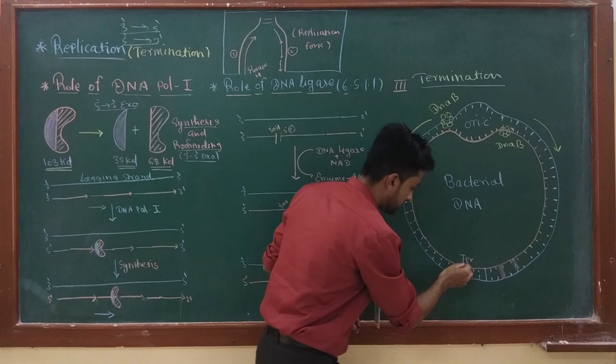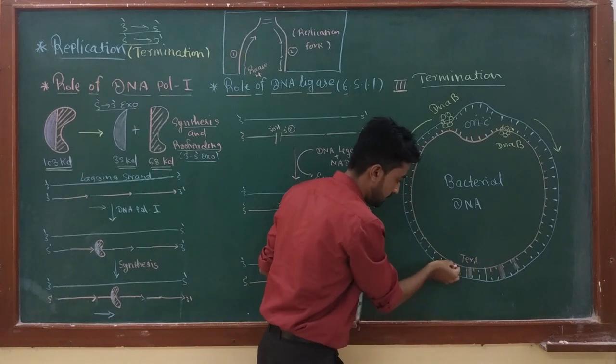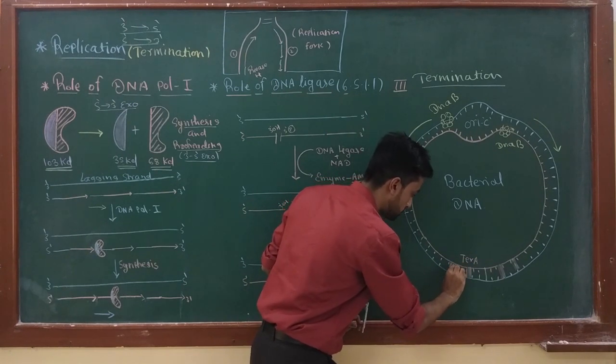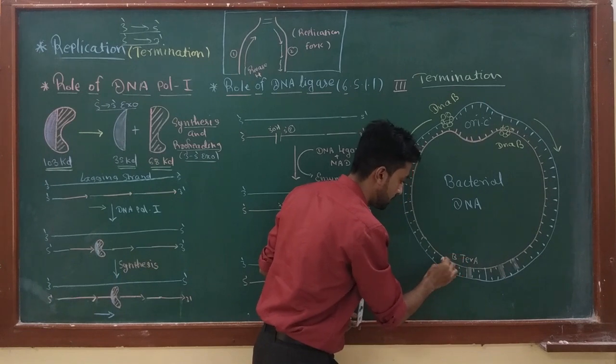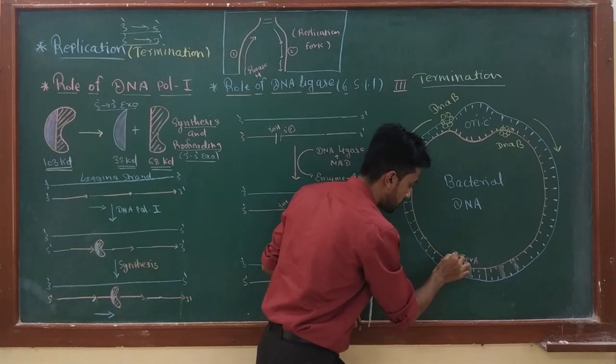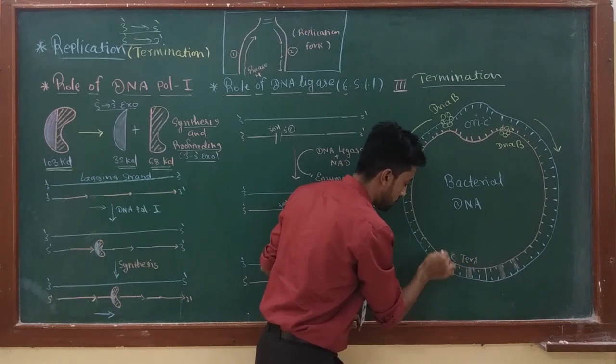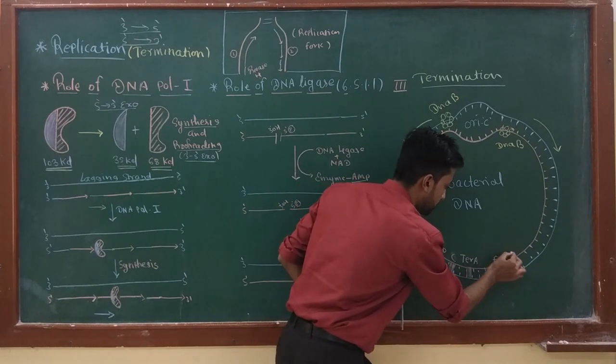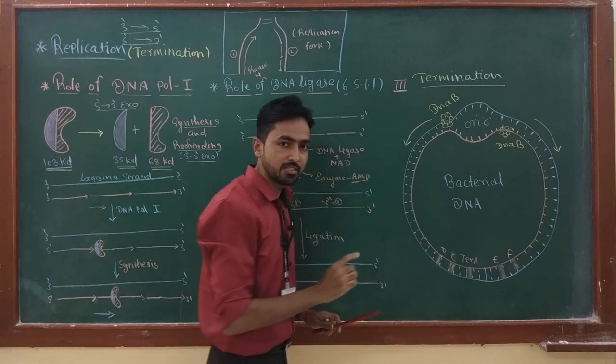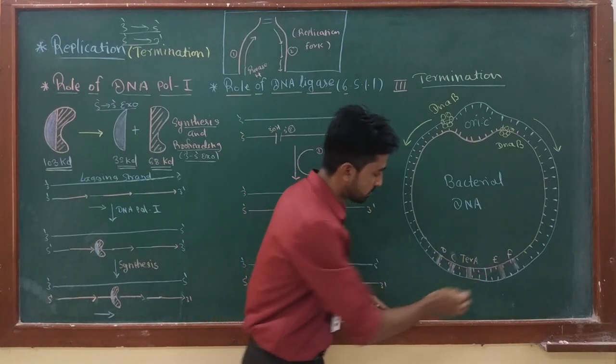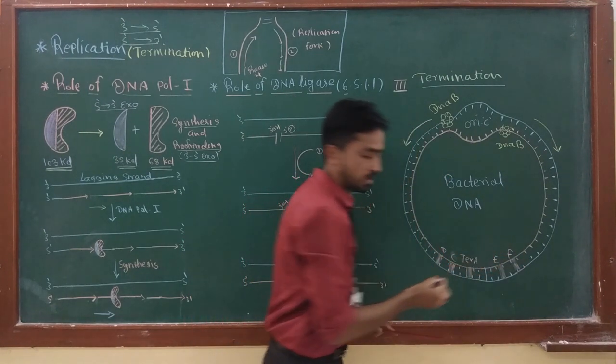If this is TER A, then there is C, D, many termination sites present on the bacterial DNA.